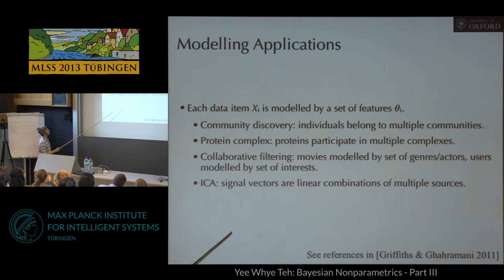There's been nice work on protein complex discovery. Proteins in the cell often participate in multiple complexes. These are clusters of proteins that perform a function together, and they tend to bind to each other. I'm not really sure how the biological experiments work, but basically they can find whether 2 proteins have an interaction or not.